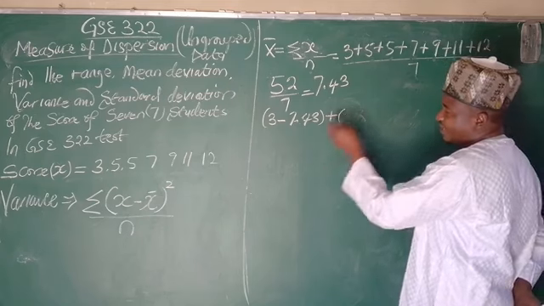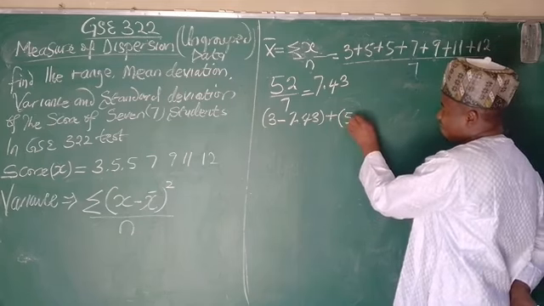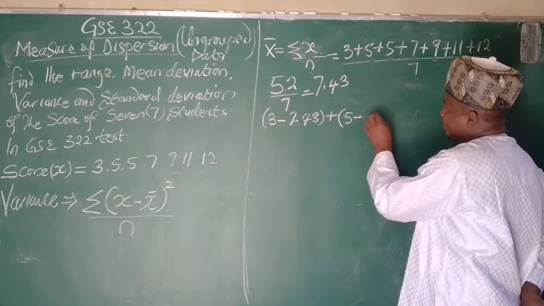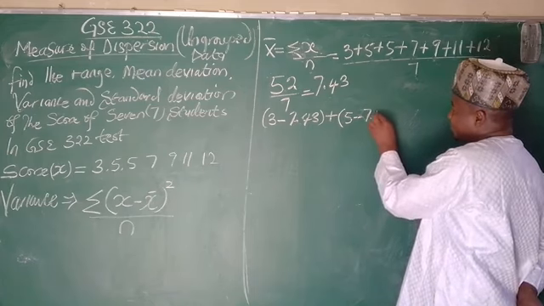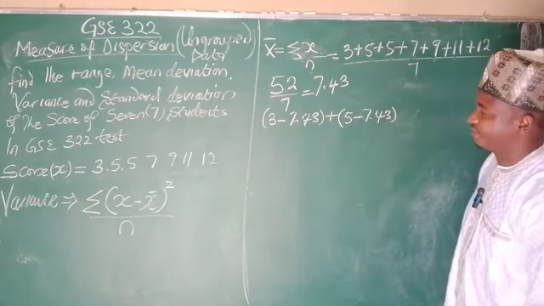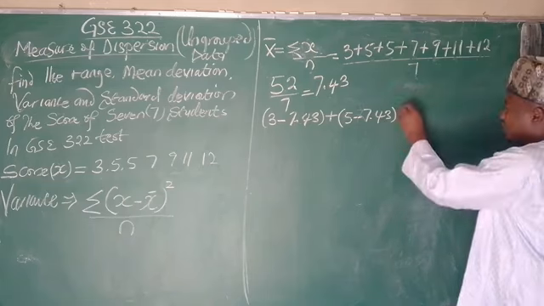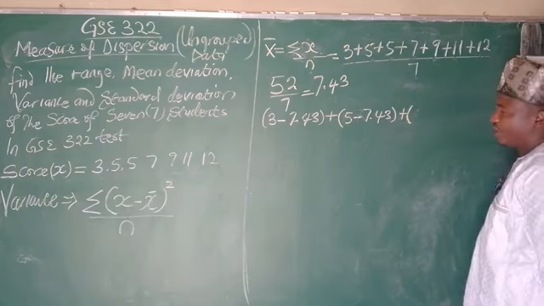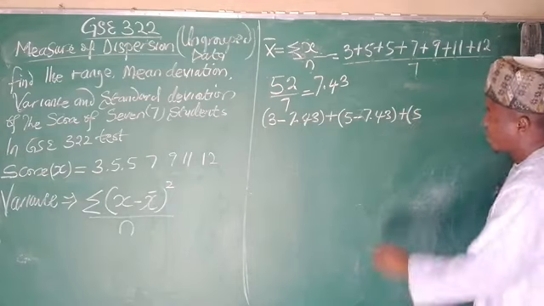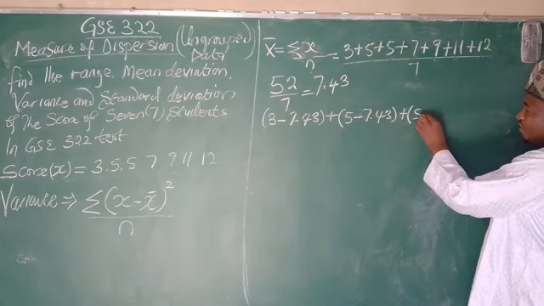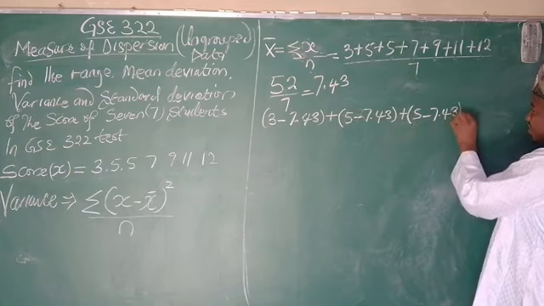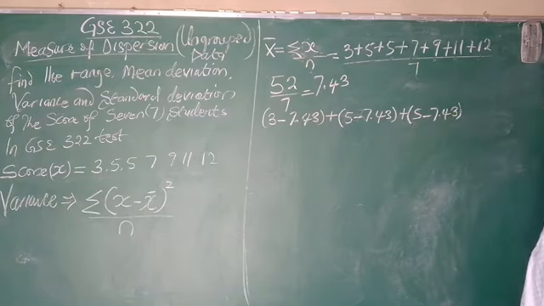We open the bracket and say 5 minus the mean also, that is 7.43. Now we close the bracket. Now we move to the third one and say plus open bracket 5 again minus 7.43, which is the mean also.